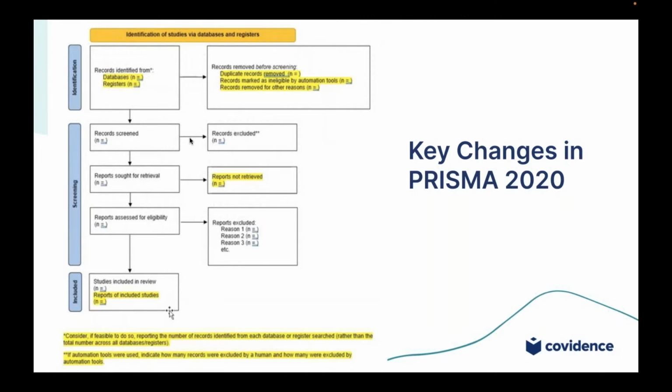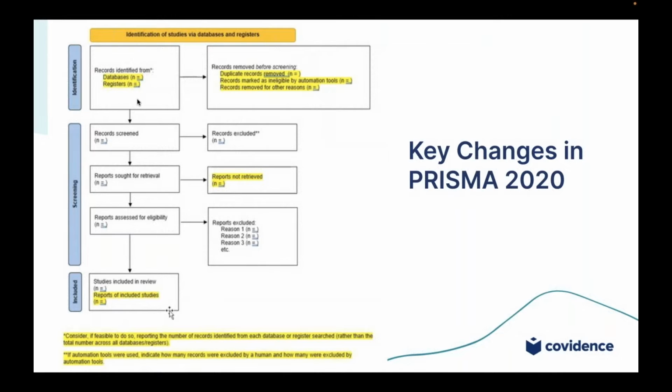In the top 2 boxes, you list the number of articles found and the number of duplicates removed. In the first box on the left, you now have to provide the information about the citations found in registers and databases. And you will see a note at the bottom.